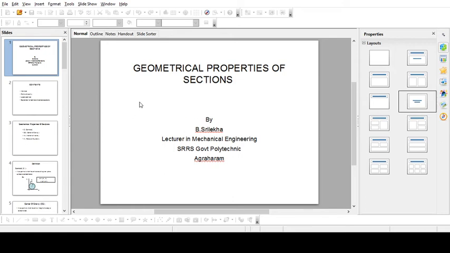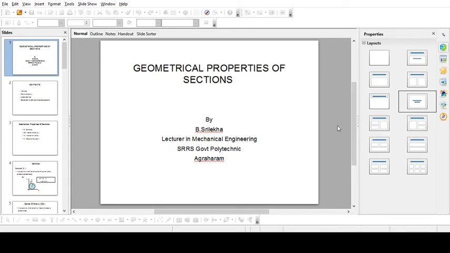We know that for 100 into 20, the area of a rectangle is L into B, that is 2000. Next, for the second section, the area of the rectangle is 80 into 20, it is 1600. The y term was given as 90 and the y term for this is 40. So A into y is 2000 into 90, which is 1,80,000.